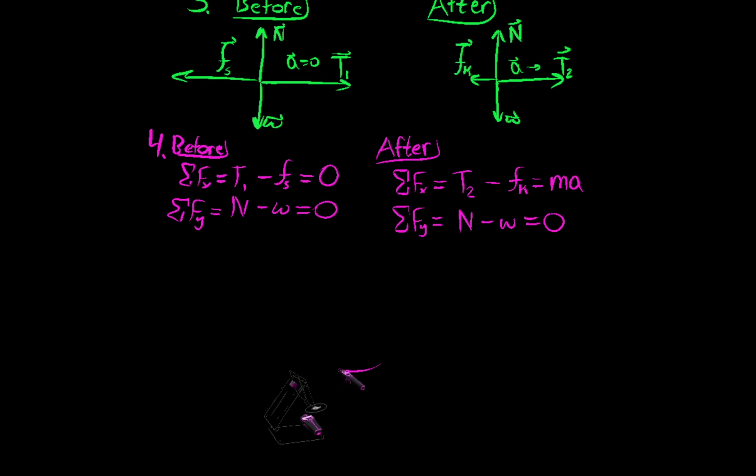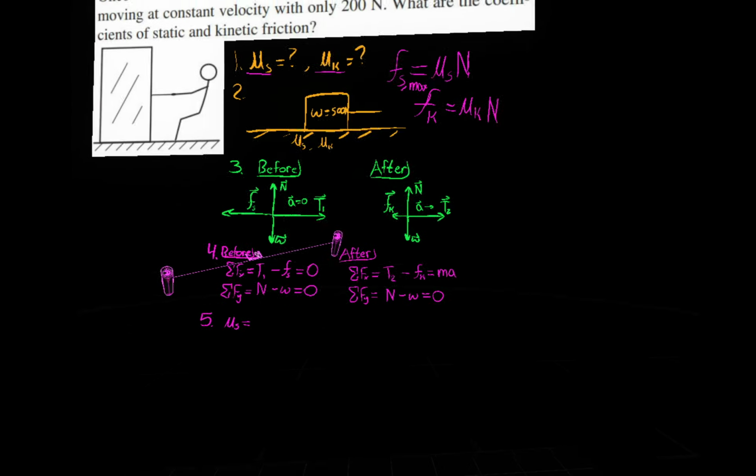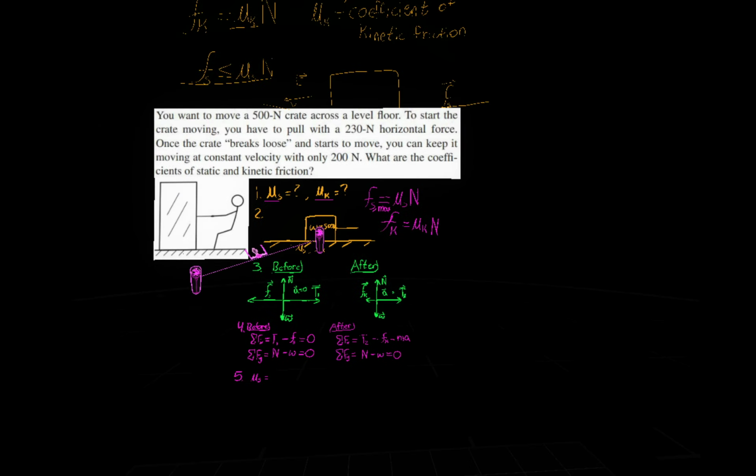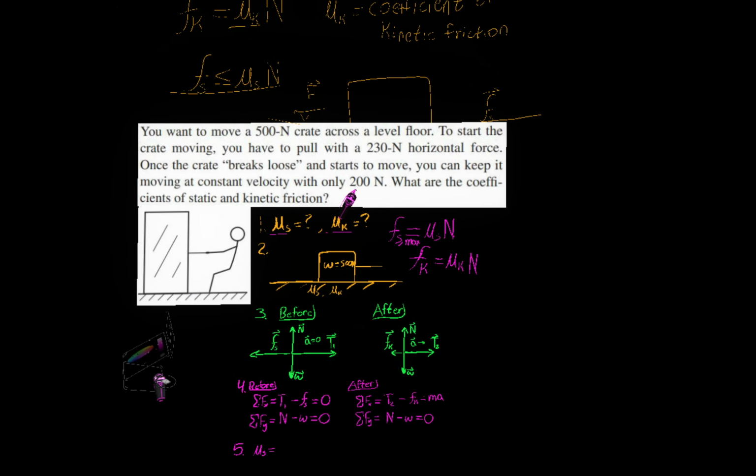So I say we can safely move on to step 5, where we solve things. So f sub s is just mu sub s is equal to, and we're doing it at the maximum, right? So in the problem, to start the crate moving, you have to pull with 230 newtons of force.